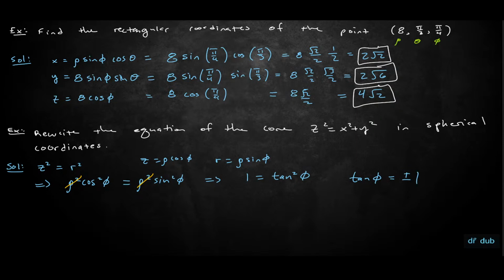Well, if tangent is positive 1, that means phi equals pi over 4, or phi equals 3 pi over 4. So let's look at that on the graph.